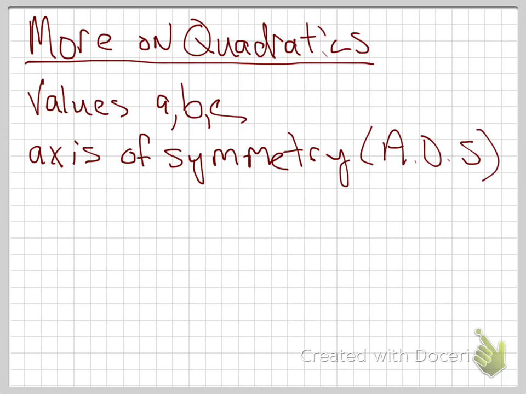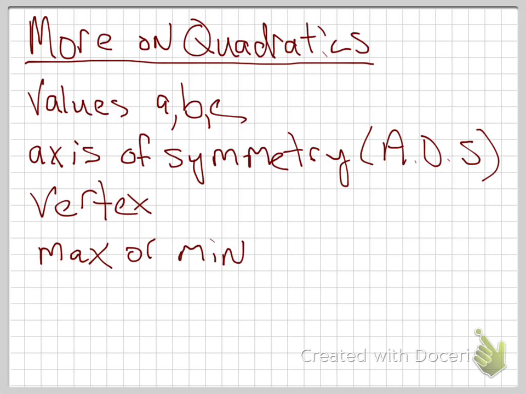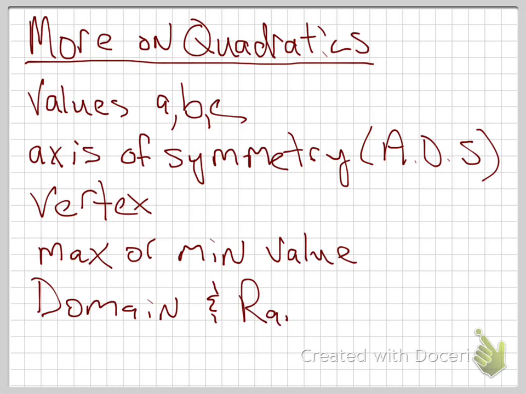And to find that, you need the vertex. Need to know the max or min value, your domain and range, and your y-intercept. Keep that in mind. You need to understand these things before we move on to the other things.